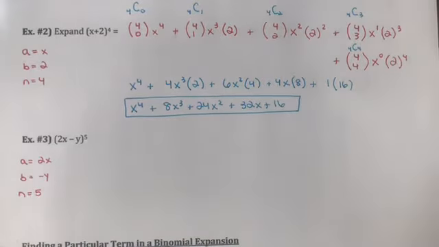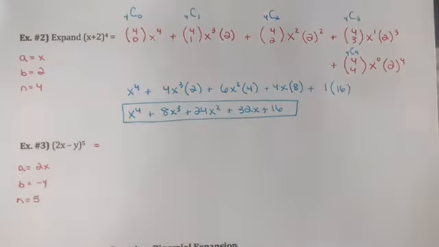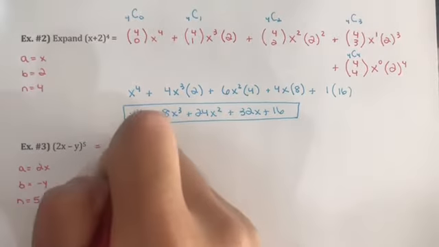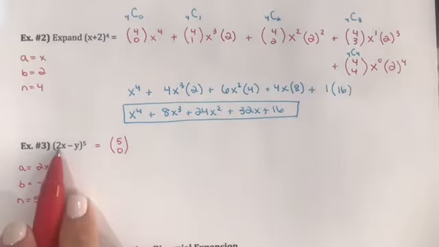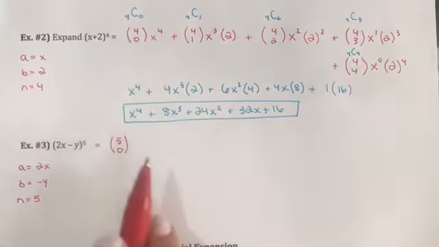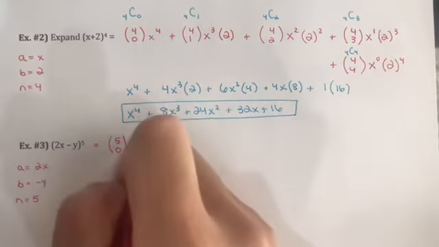So we're going to start expanding here, okay? So using our formula, let's put that right up here so I've got some space. My power is 5, so I'm going to start with 5, 0. Okay, we've got our first term. Instead of having an x to the fifth like how I did before, now I'm going to have 2x to the fifth.